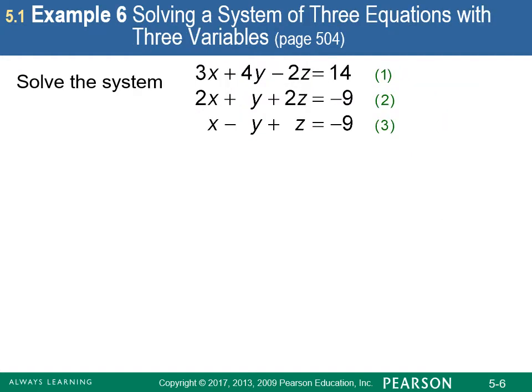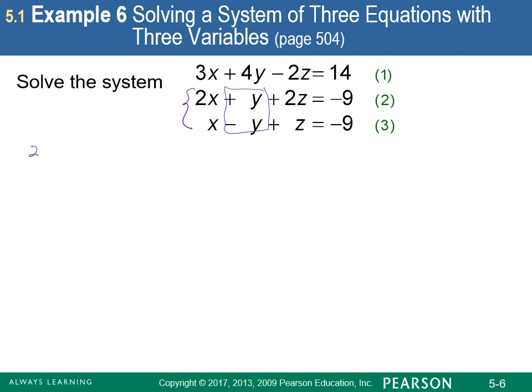I'll show you how to use the elimination method on this, mostly so you'll appreciate what's coming next. However, here is what I'm looking at. I'm going to take these bottom two equations because the y's match and have opposite coefficients, and I'm going to add those together.